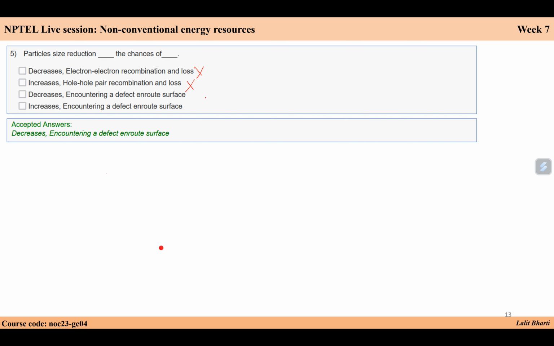Only electron-hole recombination occurs, because one electron plus one hole will recombine. Because they are opposite in charges, and holes are created due to movement of electrons, vacancy of electron. So they will recombine and they will vanish.